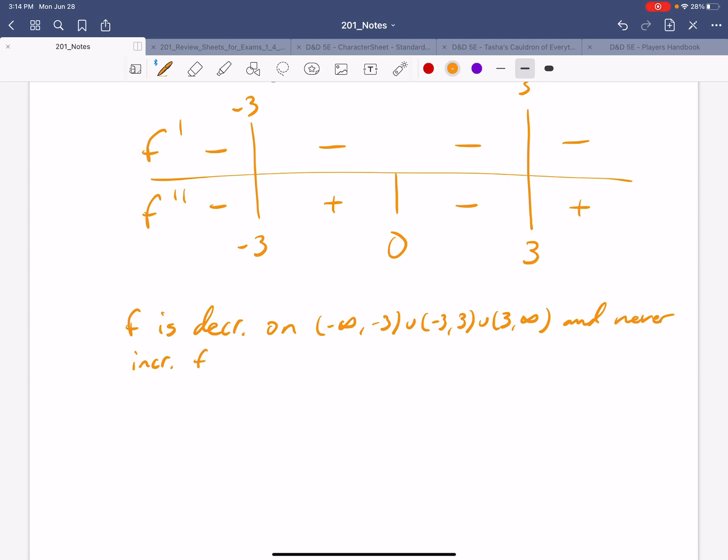F has no critical points. But it does have critical numbers. -3 and 3. F has no maxes or min, no local maxes or mins.